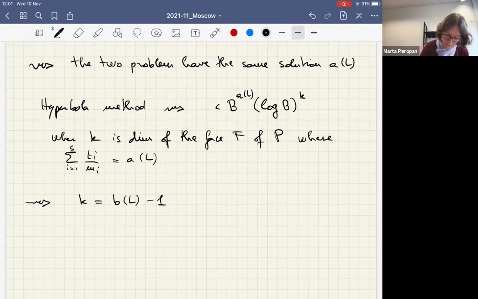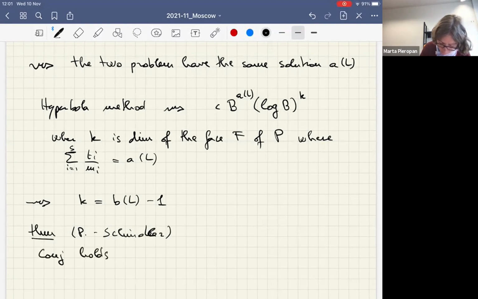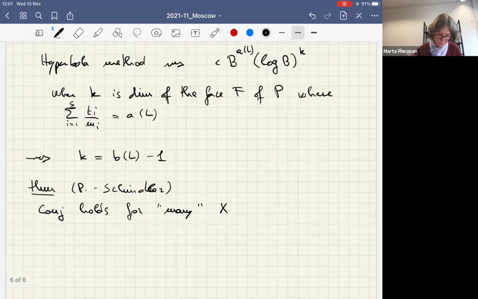and then we can show that we have these kinds of conditions. And then finally, last result, we also have a theorem besides these heuristics, still with Damaris Schindler. So we prove that the conjecture holds for many toric varieties X, where many means up to some technical condition that we need for actually working out the hyperbola method as a theorem, not just a heuristic.